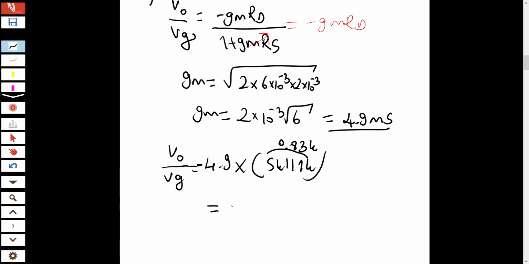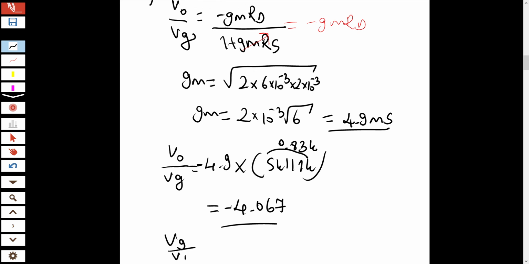And it is minus 4.067. So this is V output over V gate.